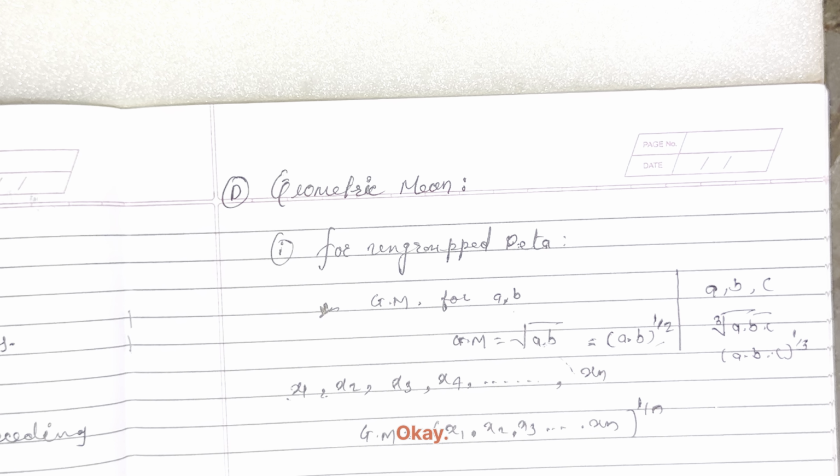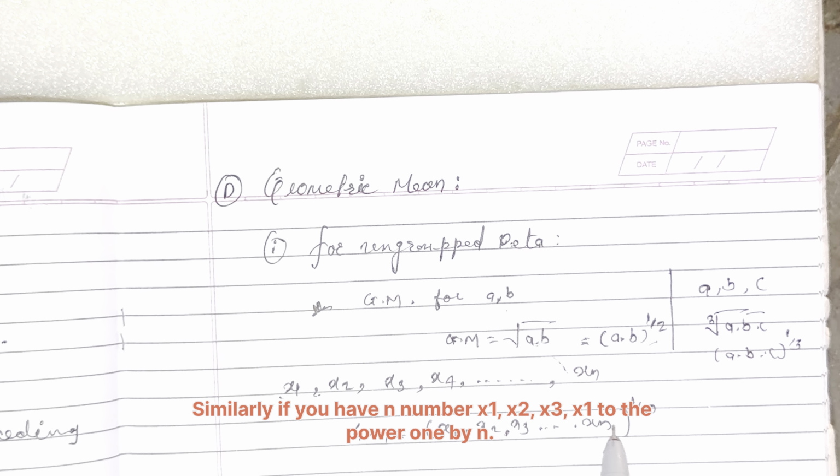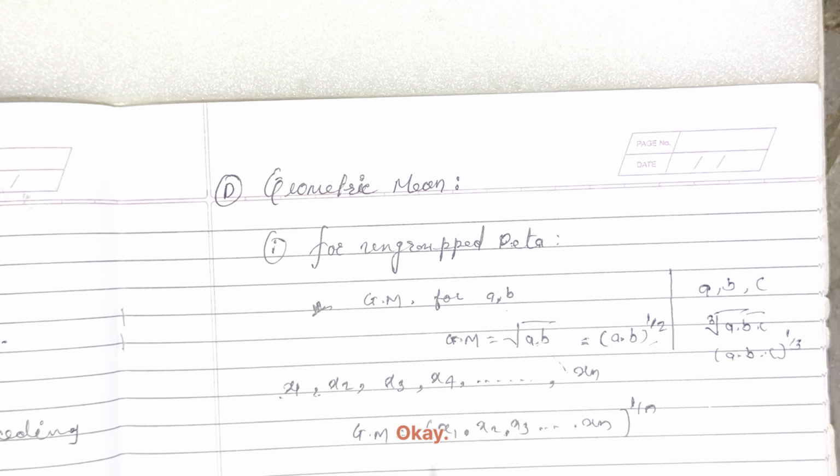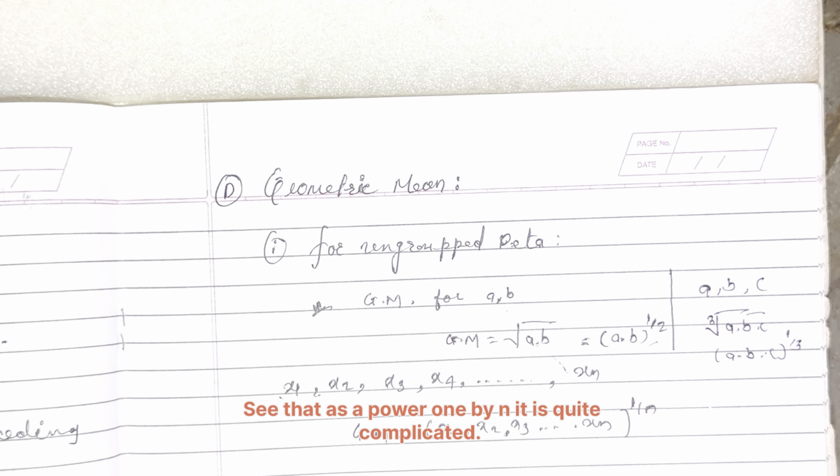Similarly, if we have n numbers, it is (x1 x2 x3 ... xn) to the power 1 by n. This is the geometric mean for n observations.